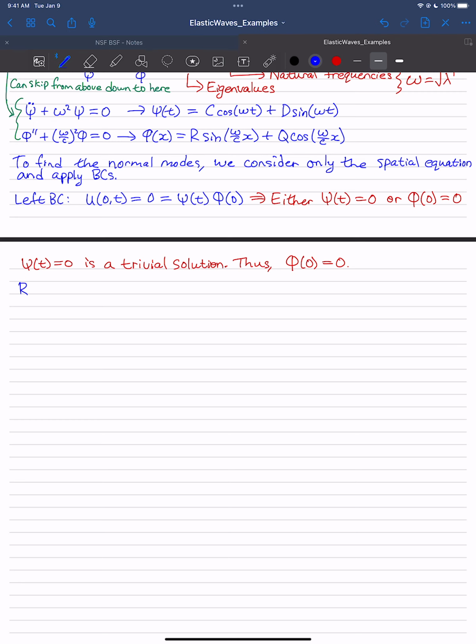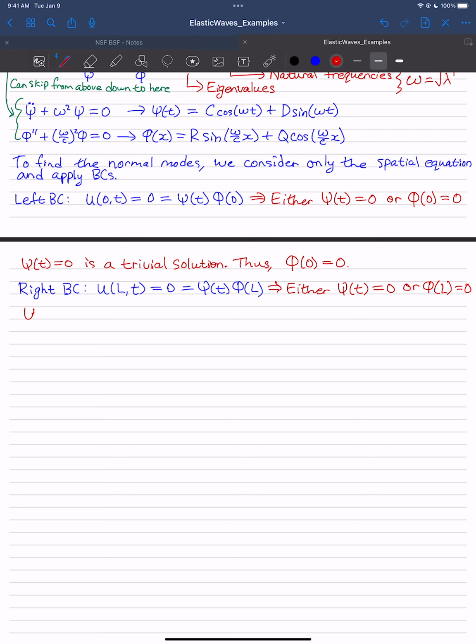If we now do the right boundary condition, in this case we get u of L, t is equal to 0, which is equal to psi of t times phi of L. And we see the same thing here. We have that either psi of t is equal to 0 or phi of L is equal to 0.